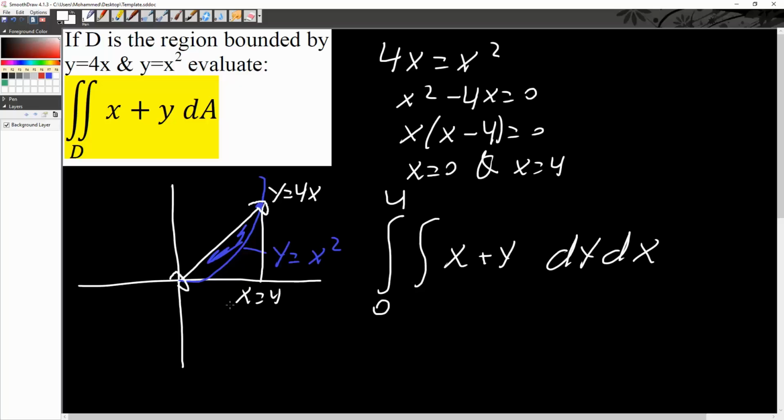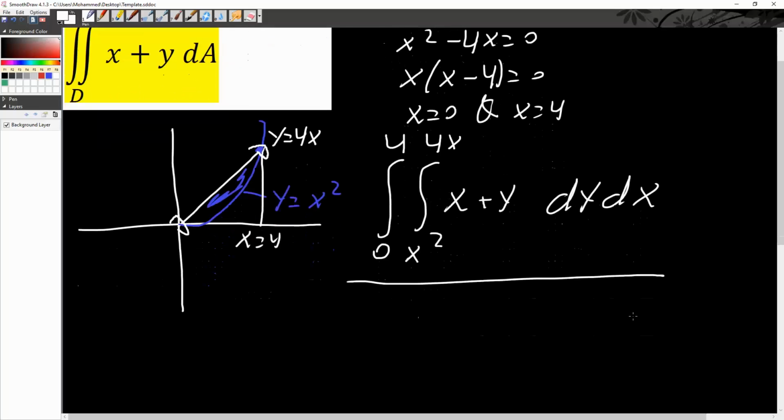It won't be 0 to 16, but instead the lower bound would be x squared, and the upper bound would be 4x. This is because 4x is above x squared. So this is what we're going to want to solve.